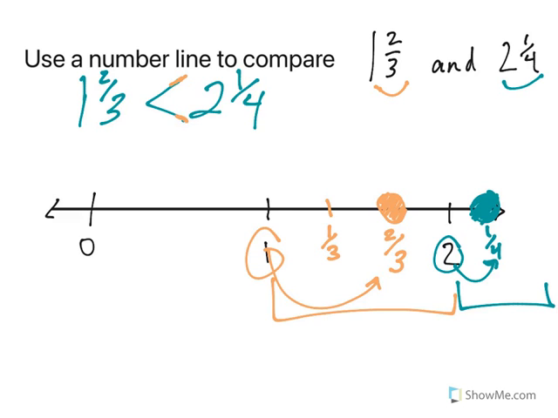Remember that the alligator eats the bigger number. So in this case, since 2 1/4 is further to the right, it is larger. We could also write this as 2 1/4 is greater than 1 2/3. Every inequality can be written both ways, just as long as the opening goes towards the larger number.